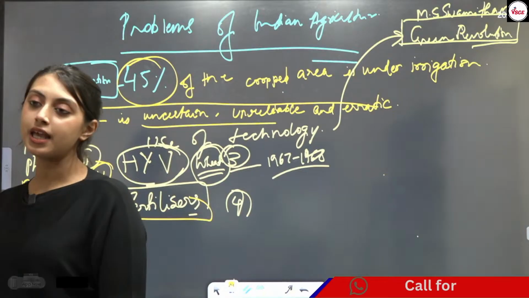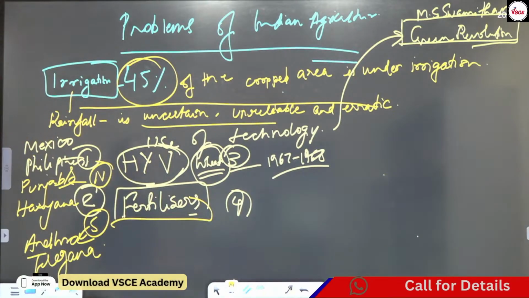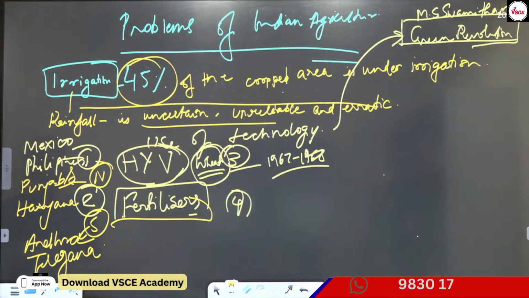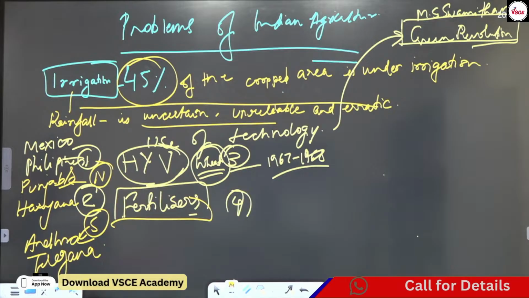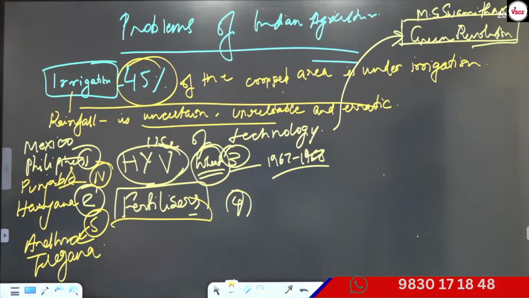Now, irrigation. The use of high yielding varieties of seeds is heavily dependent upon assured supply to the crops and provision of regular uninterrupted irrigation.